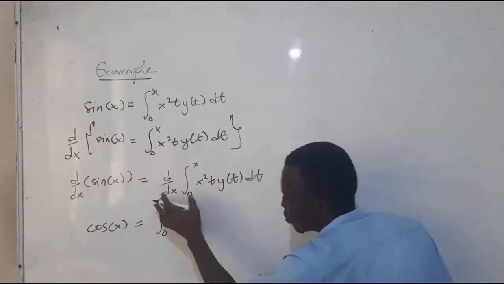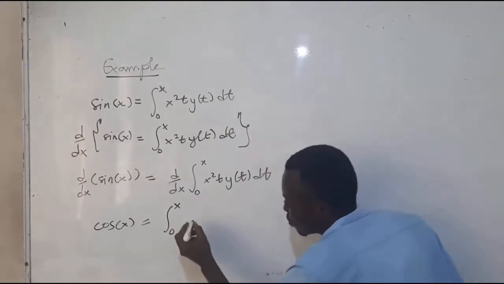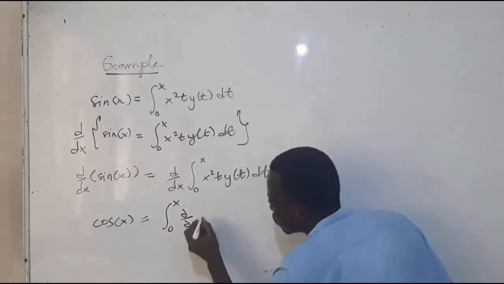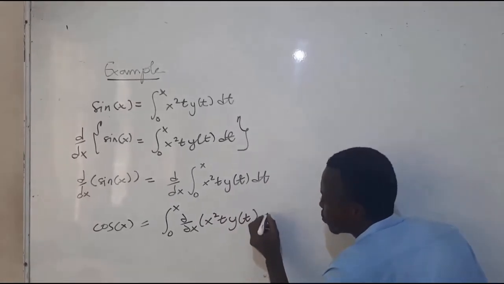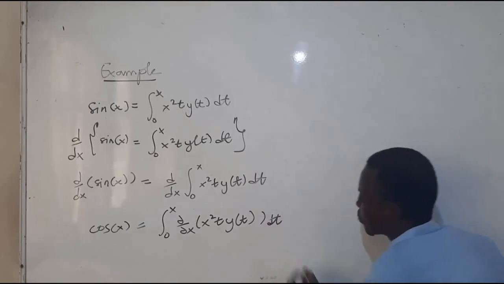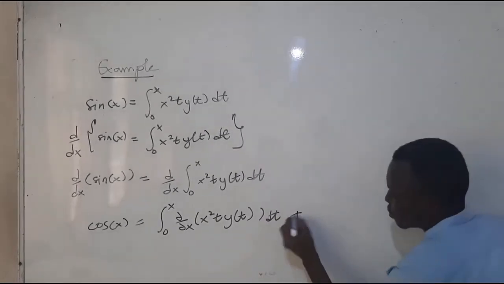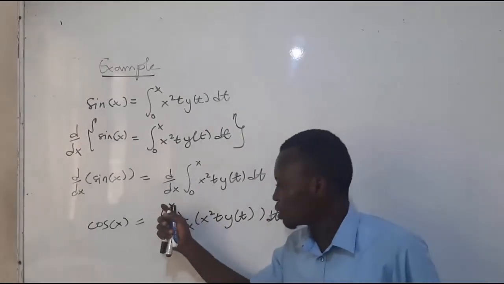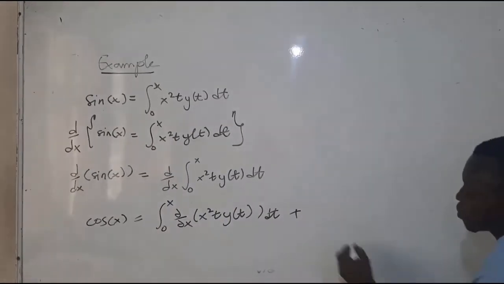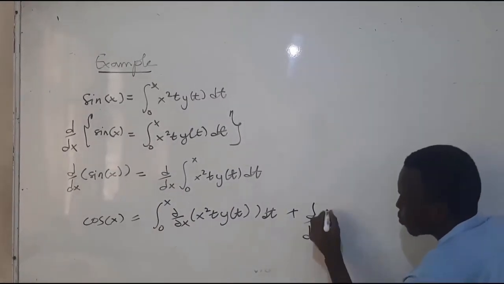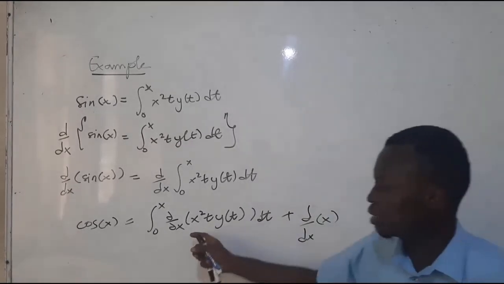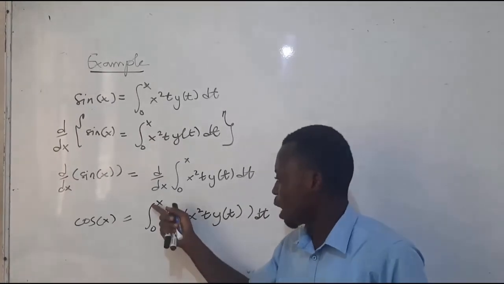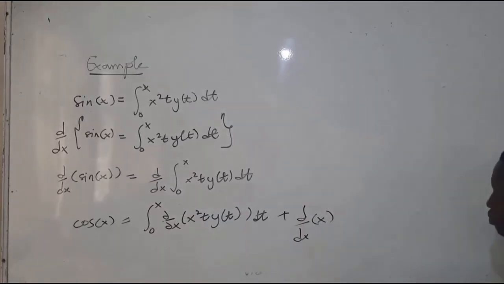So we have to make it a partial derivative, partial d/ds of the integral from 0 to s squared of t y of t dt, plus the derivative of the upper limit. This is our function. Wherever you see t, you replace it by the upper limit, s.